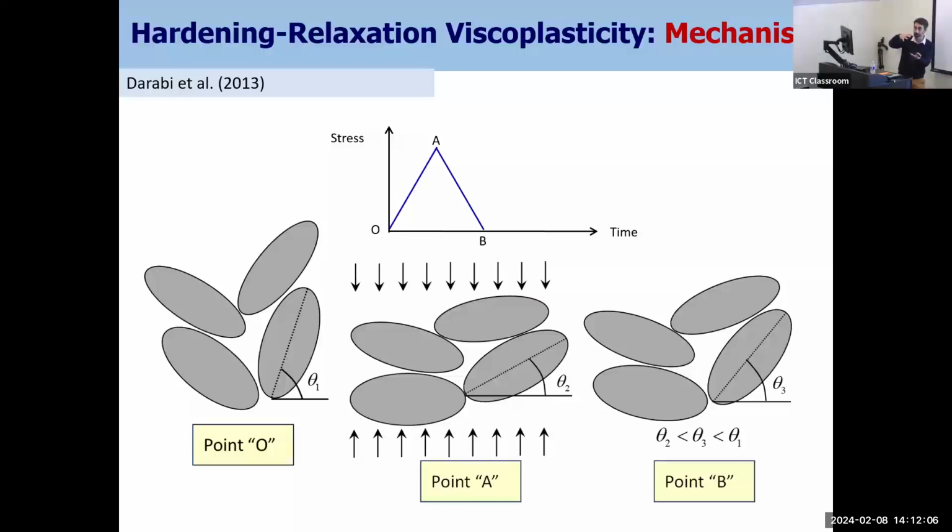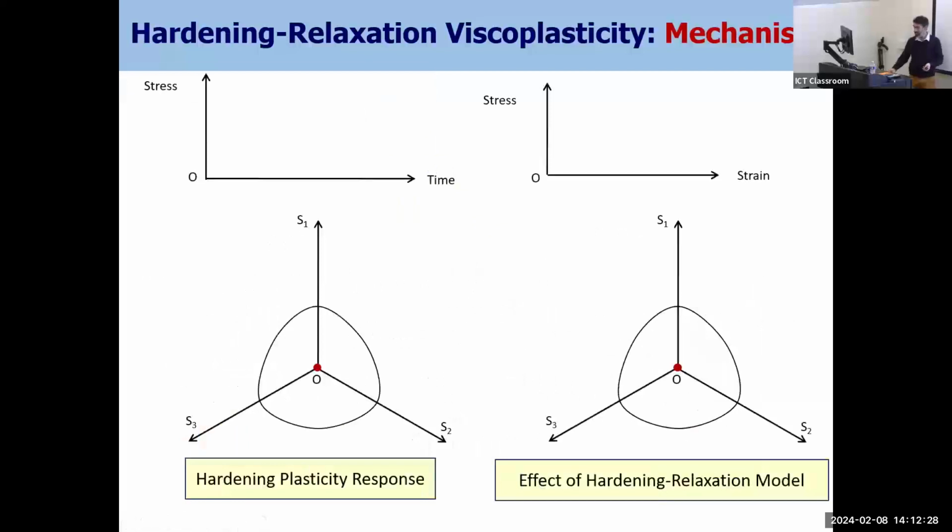When you apply the load, you are squeezing that binder, and then during the reloading there is a lag, and it basically applies some stress to the aggregates to take them back. So the shape and the microstructure change a little bit during the loading and unloading. And we think that that little bit might be enough for us to be able to capture the progressive increase in the permanent deformation.